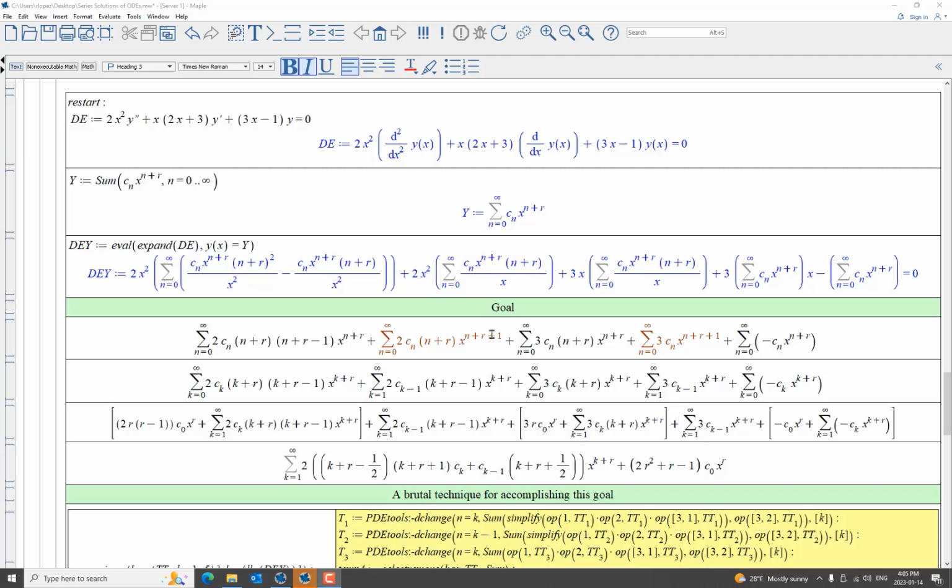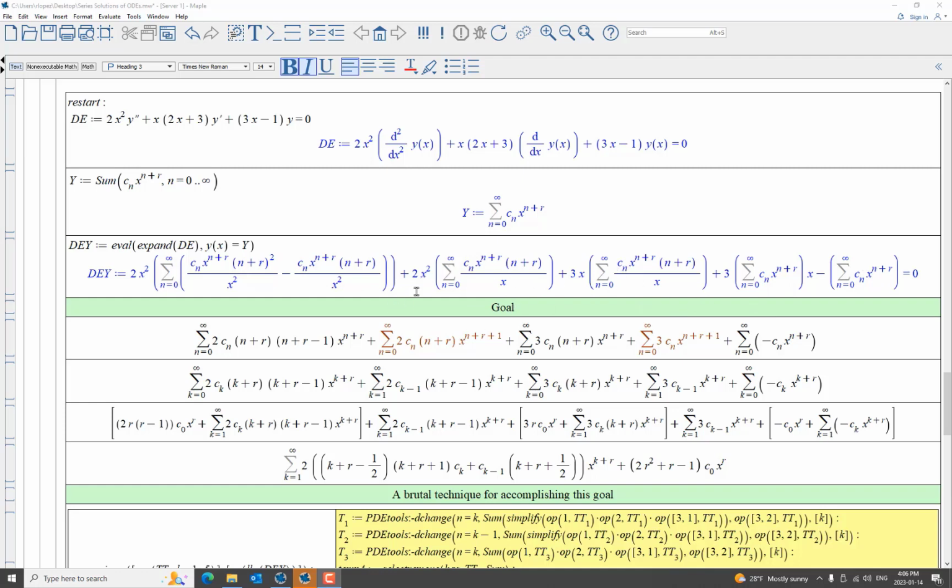And I've colored that because there's going to be one other term like that. I'd like this term to have the x's cancel, and I have just a plain x to the n plus r. This term, 3 is out front, but there's a trailing x, and that would be an x to the n plus r plus 1, and there'd be no change here. That's what I'm trying to accomplish with these terms.